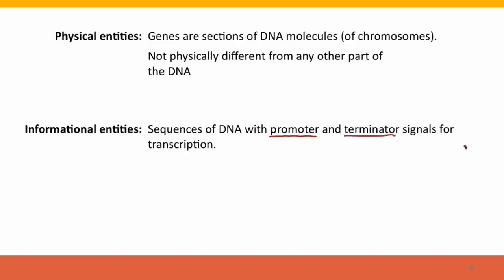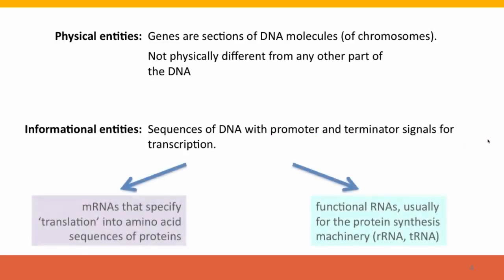And typically, they also have, within the sequence, between the promoter and terminator, sequences that specify specific amino acids for translation, for formation of protein, including signal sequences that say, make this into a protein. So this is by far the majority of genes.